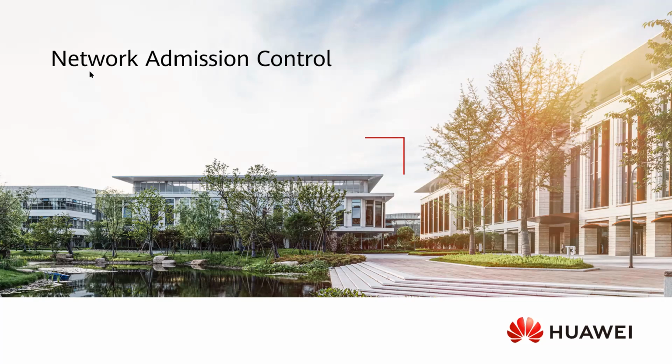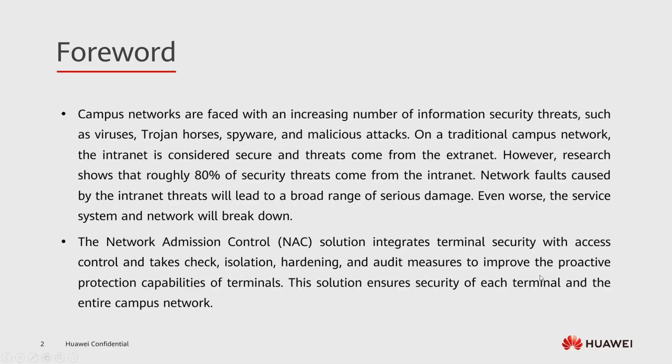It's about network access control. For our campus network scenario, we think much more about network security. As usual, we would think that users coming from the internet would be a security risk.